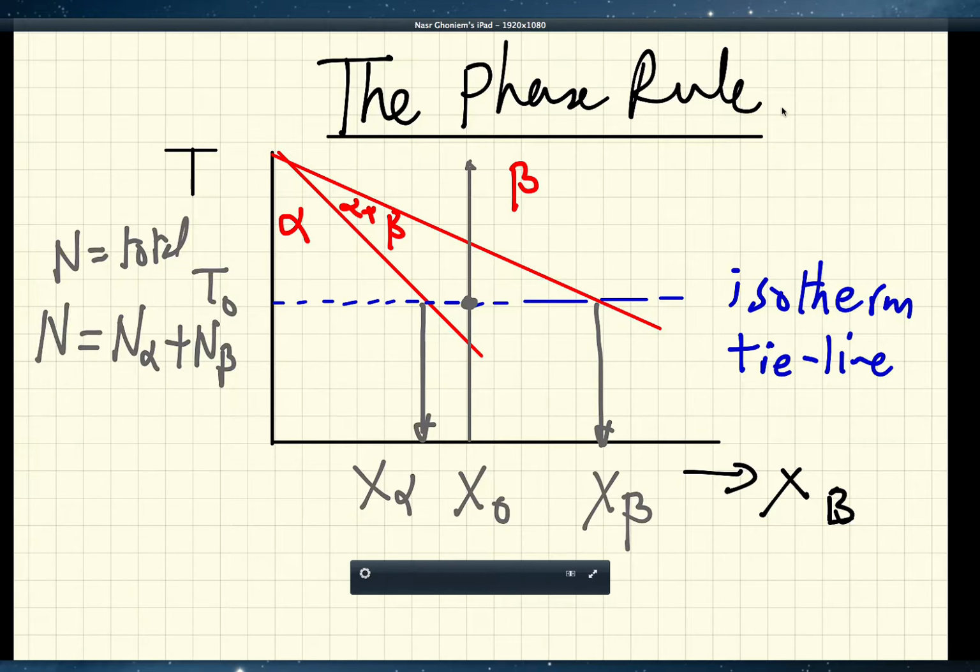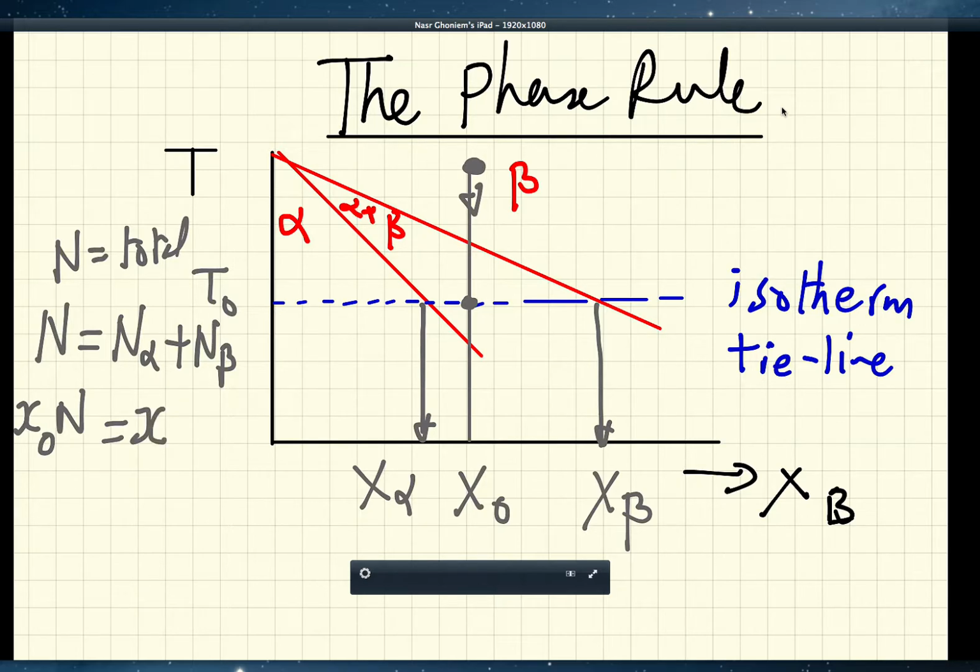If we look at the amount of the element that we are interested in, X sub B, the total amount is fixed, which is X sub 0 times N. This is the total amount at the beginning of the cooling process, and this total amount is going to split.